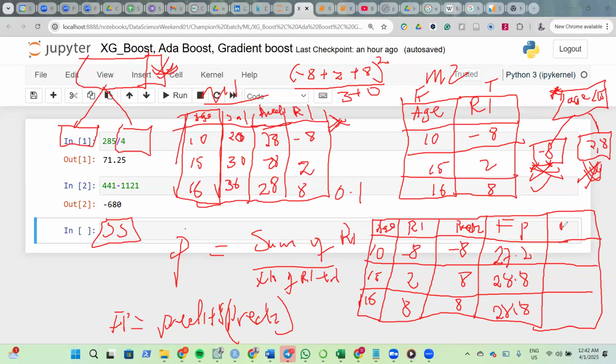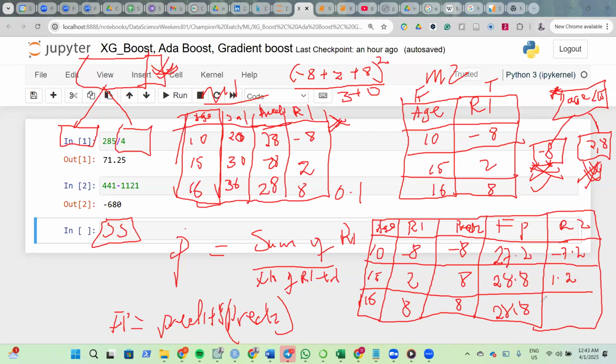Your residual 2, R2, will be equal to the actual, which is 20, minus this one, which gives you -7.2. 30 minus 28.8 will give you 1.2. 36 minus 28.8, what's 36 minus 28.8?